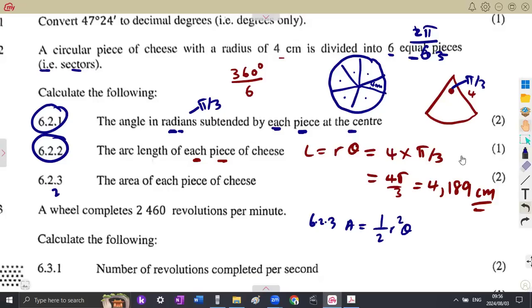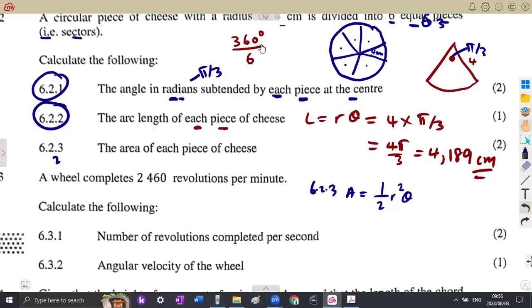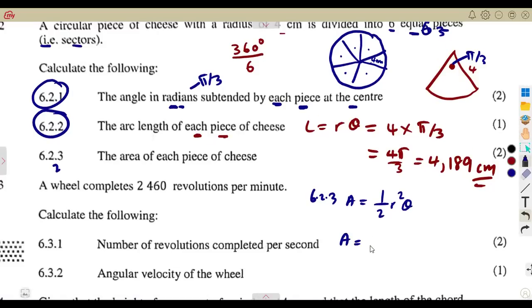We can use this formula directly to obtain our area. So area is going to be half times the radius squared, 4 squared, times theta in radians, which is pi over 3.